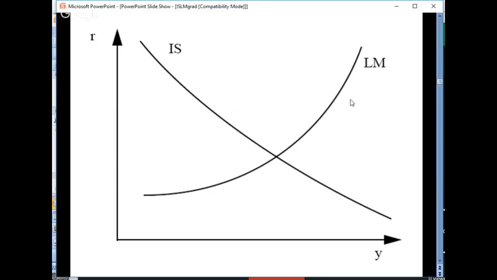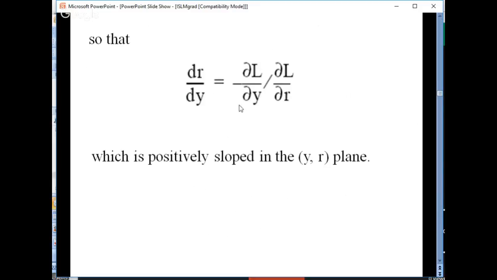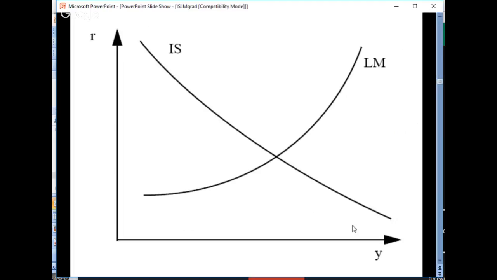And I do the same thing for our LM curve, with money supply equals money demand, which is money demand here, L, money supply here. I totally differentiate that, get 0, and I get negative times positive over a negative, which gives me a positively sloped LM curve, which is this curve here.